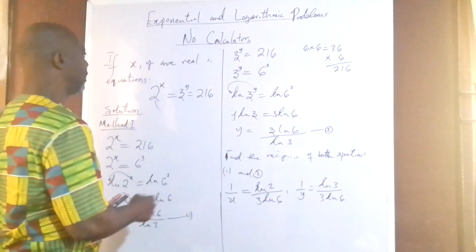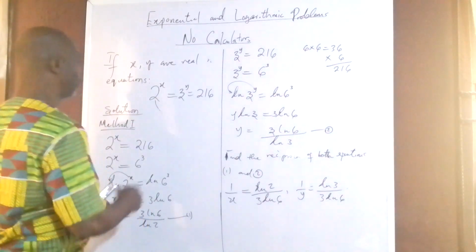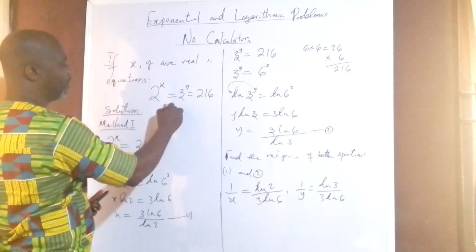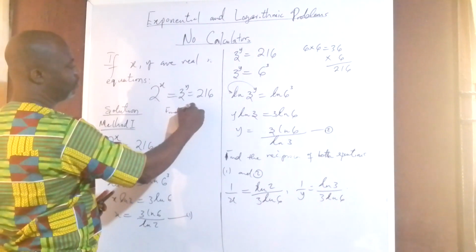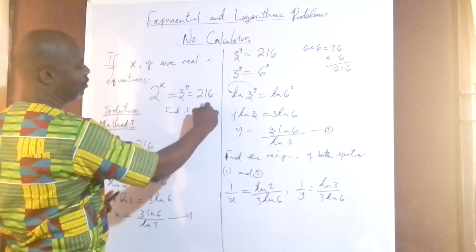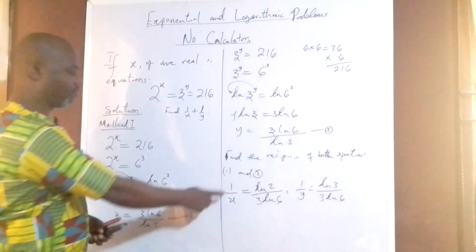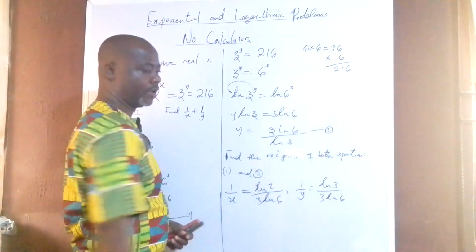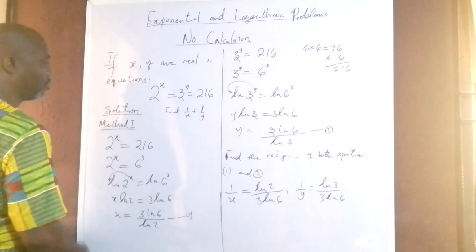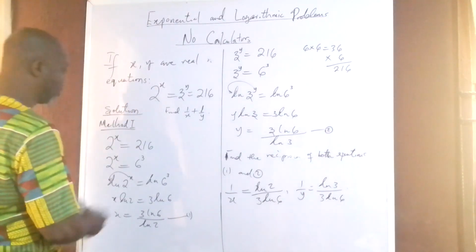Now, let's look at what we have. The question is that we should find the value of 1 over x plus 1 over y. So already we have the value of 1 over x and we have 1 over y. So what we just need to do is to add the two results.